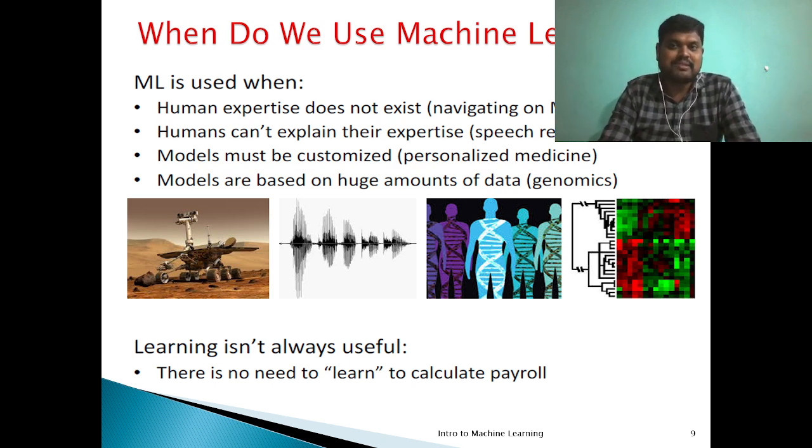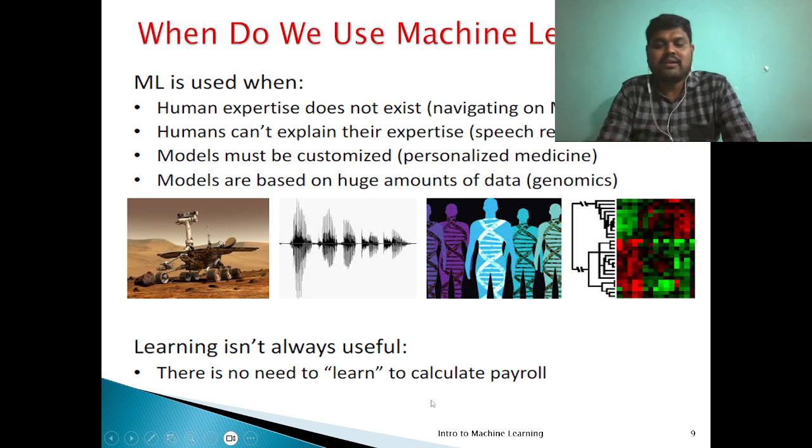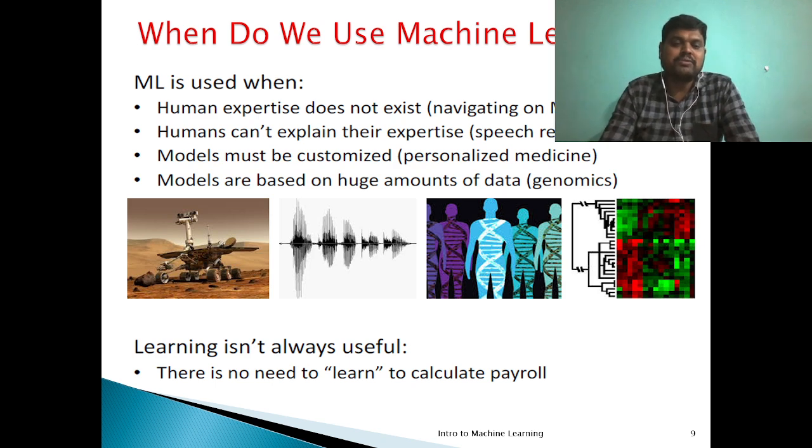At the same time, machine learning is not always useful, right? For example, as I mentioned, there is no need to learn to calculate the payroll, right? Payroll will be a fixed one for a particular period of time, at least for a year or so, it is going to remain the same.